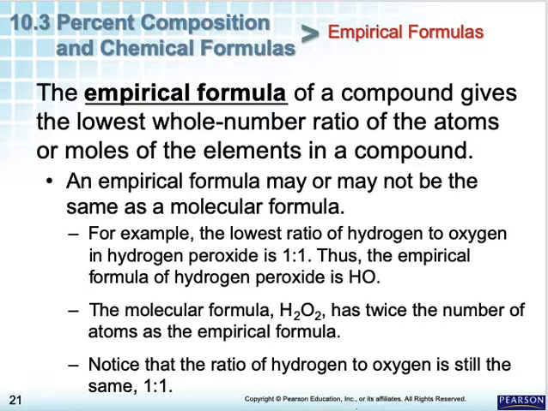Thus, the empirical formula of hydrogen peroxide is HO. The molecular formula for hydrogen peroxide is H2O2, and this is twice the number of atoms in the empirical formula. However, they still are in a ratio of 1:1 or 2:2.